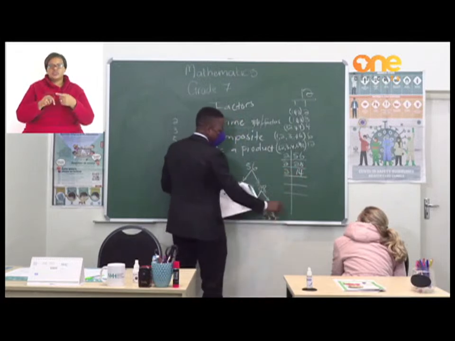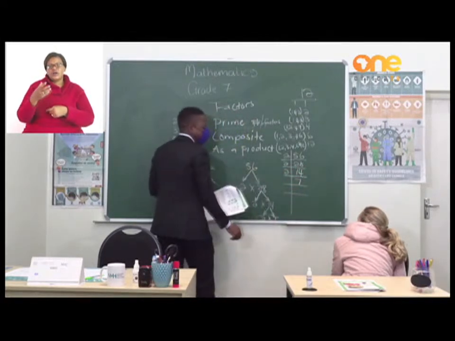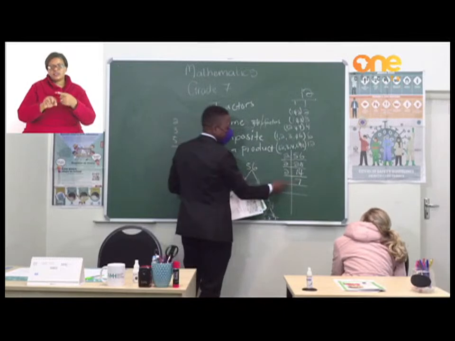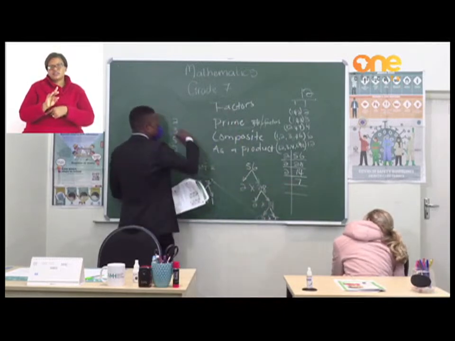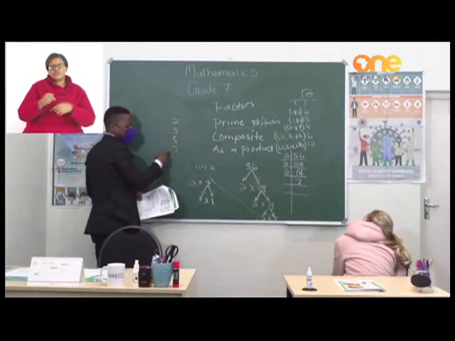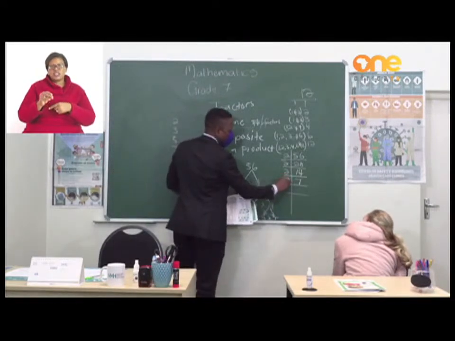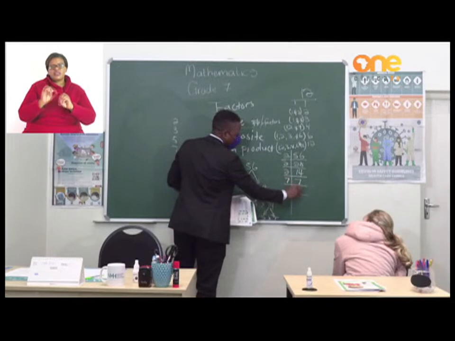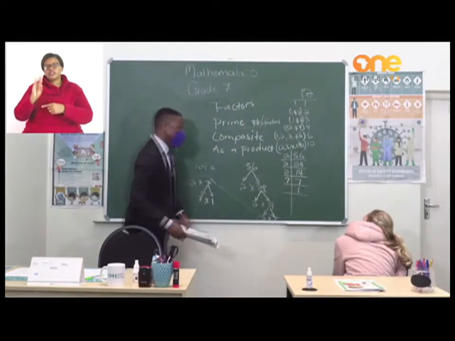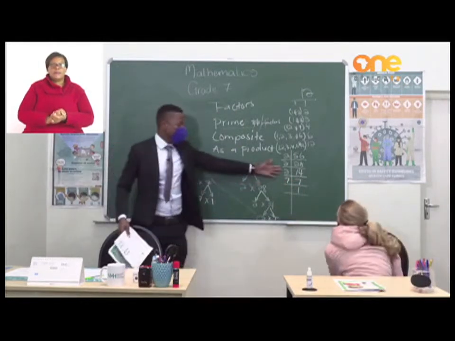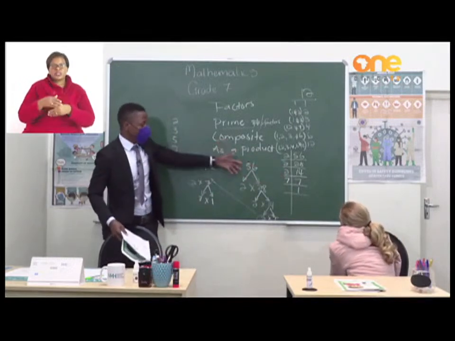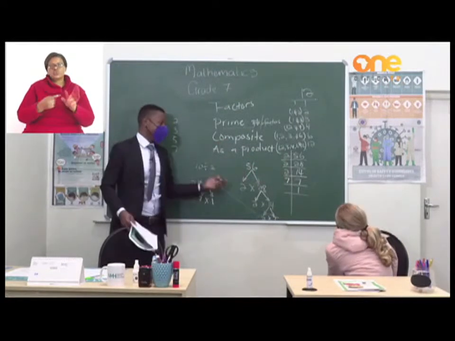Divided by 2, I'll get a 7. And as I said, we cannot divide 7 by 2. We must find the next prime factor that can divide into 7, which of course will be 7, and then you get your 1. This is your working. This is the work you have done to prove how you get to the answer.